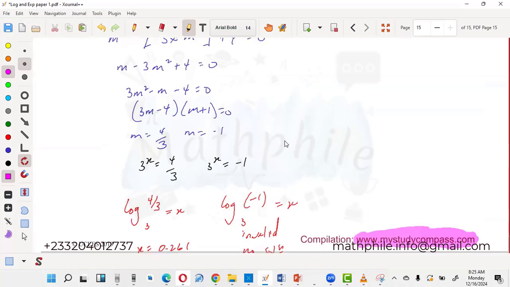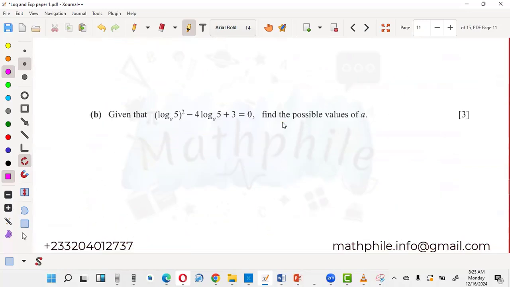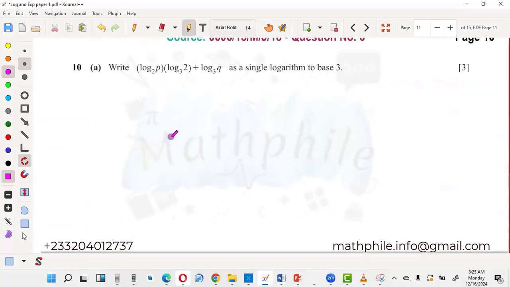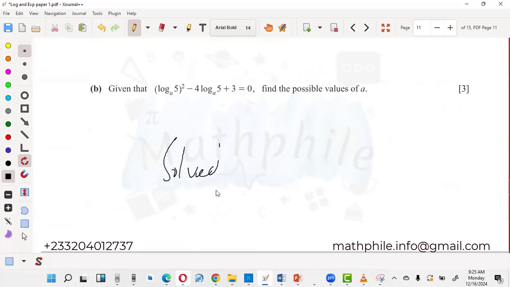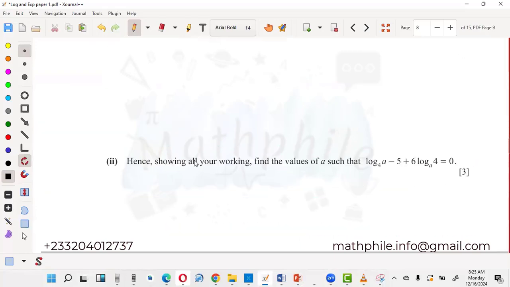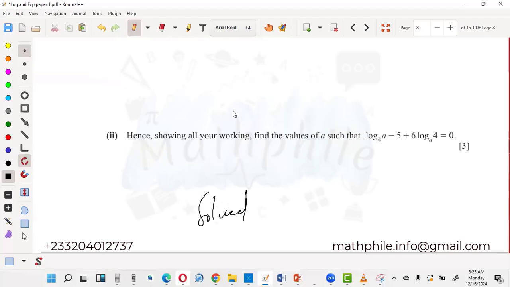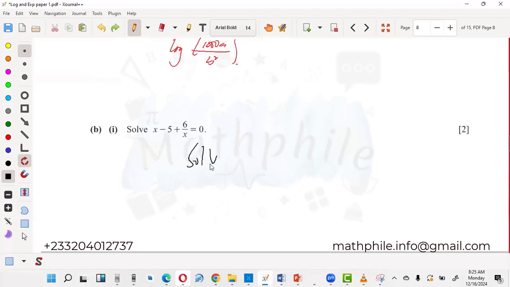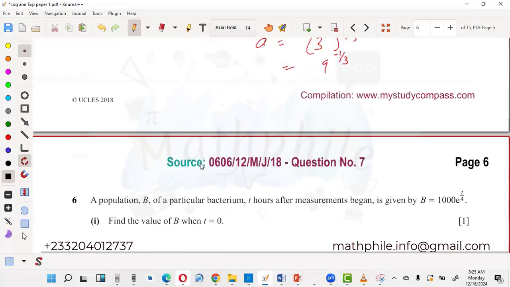So we solved all the questions over there. This was solved already. Then this one hasn't been solved. That's application.